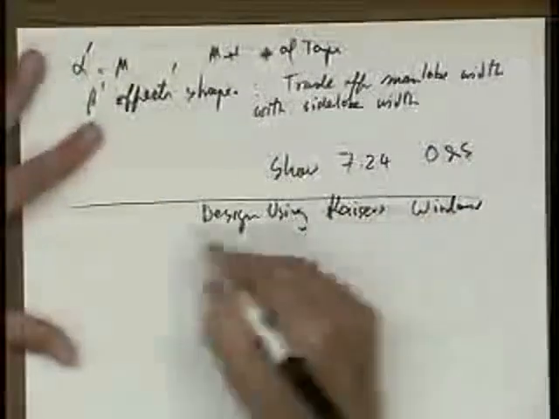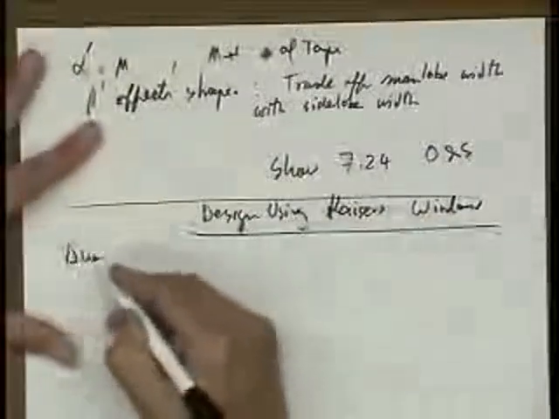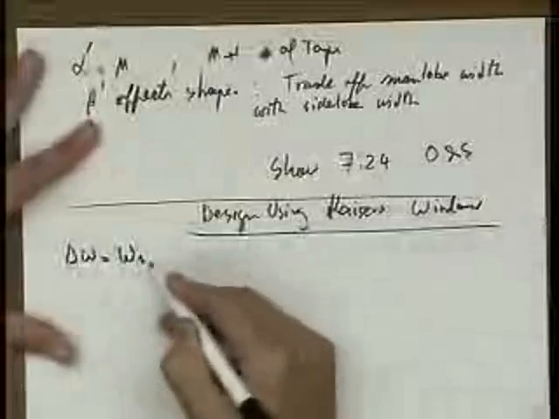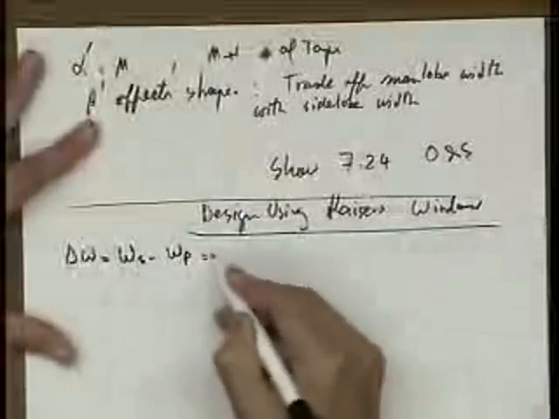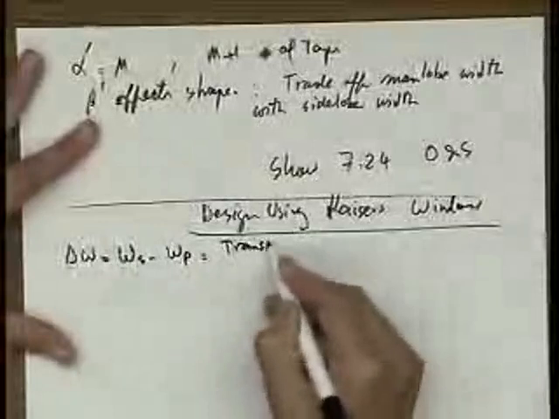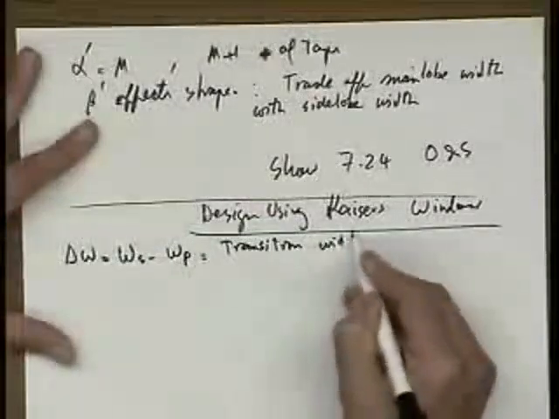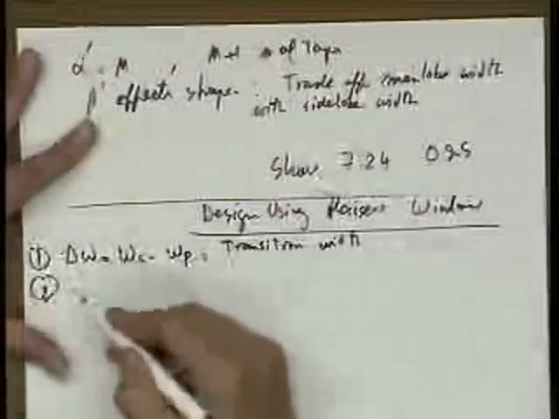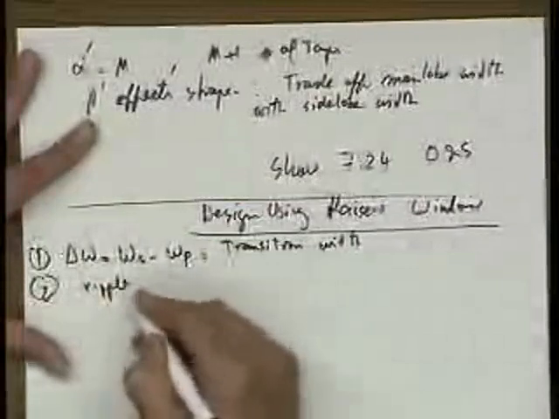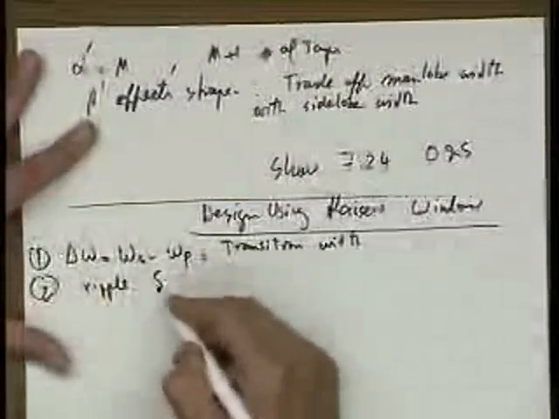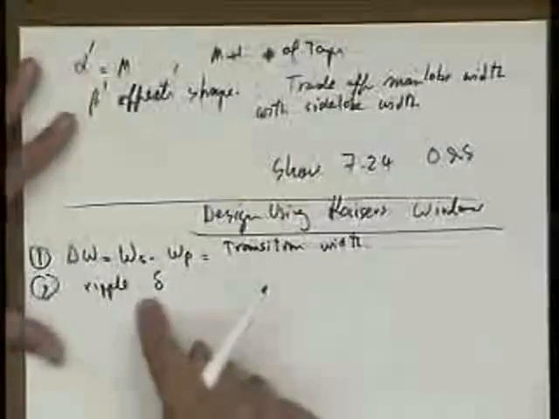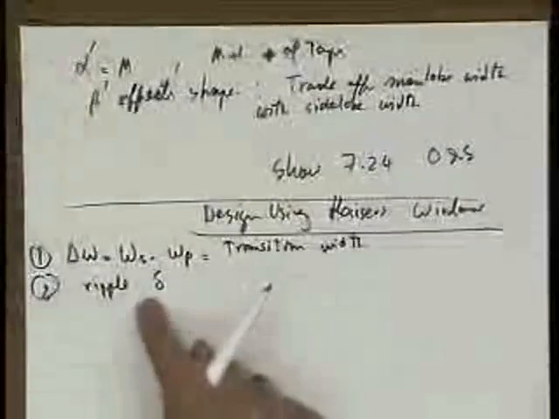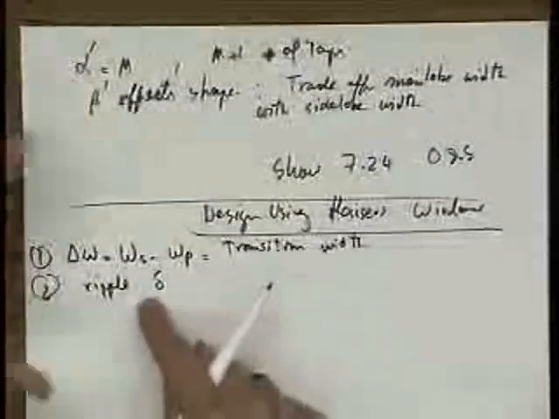He said, if you call delta omega to be omega sub s minus omega sub p, which we just call the transition width. First, I'm going to give you some notation, and then tell you what the result is. And then number two, if you call the ripple in passband or stopband just delta. That's one of the weaknesses of Kaiser's design, that you use the same delta for passband and stopband.